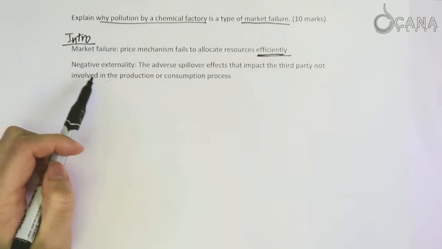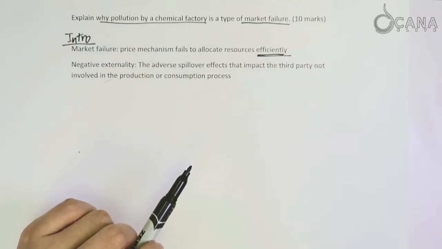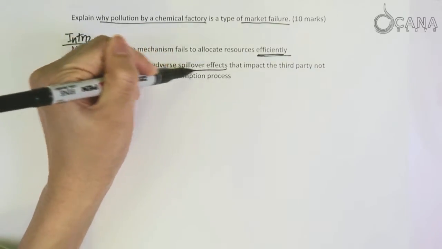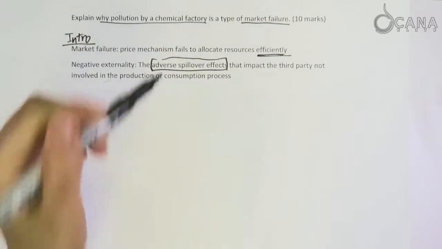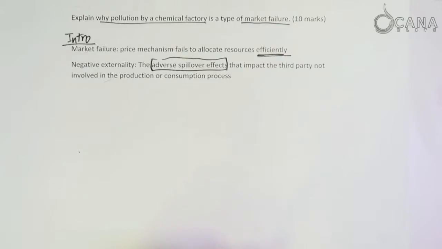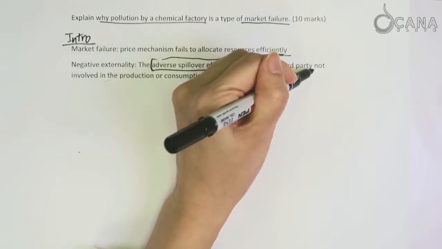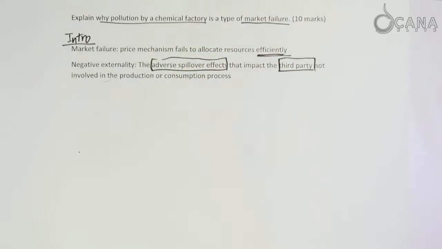Now, the definition of negative externality, it shows the adverse spillover effects. That's the key word. The adverse spillover effects that impact the third party not involved in the production or the consumption process. So we have defined all the key terms.